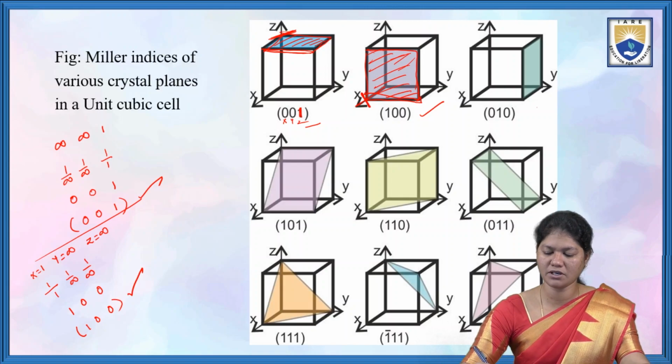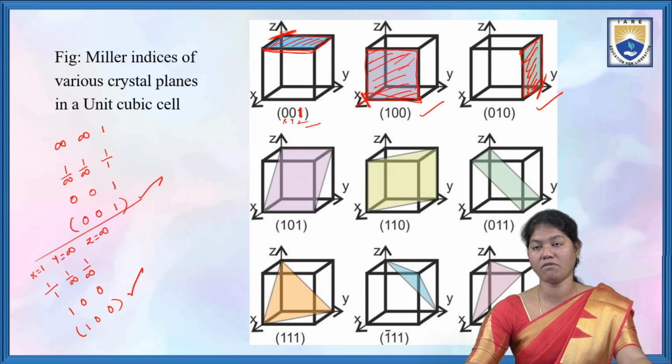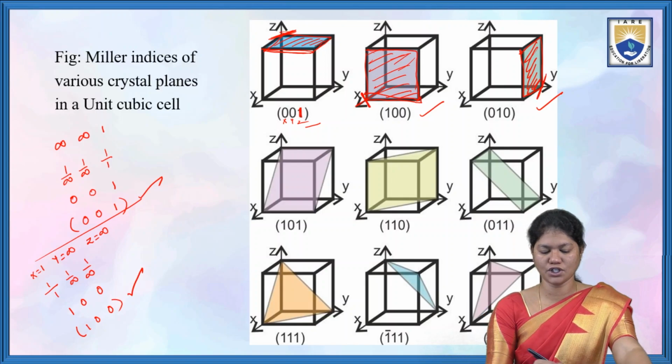Similarly, in the third diagram, the interception is only on the Y axis.